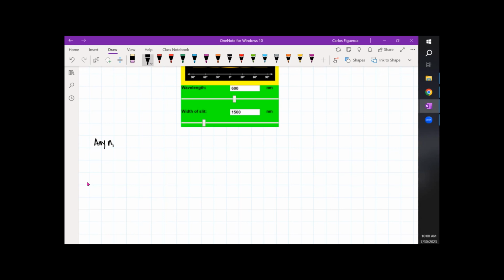Any Nmax value that is an odd half integer will always be close to a maxima at the endpoint. And again, that's 90 degrees of the pattern.